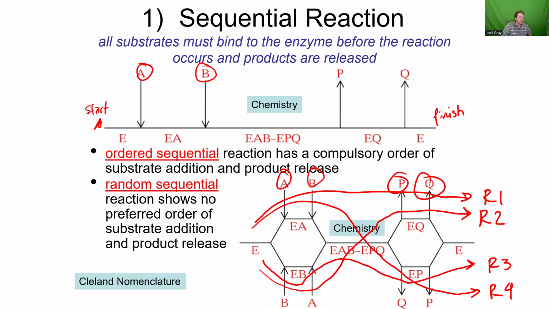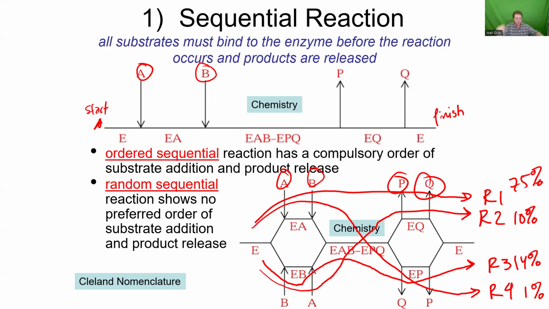It might be 75% of them might be this, 10% might be this, and then 14% might be this, and then 1% might be this. I'm sure that it varies from enzyme to enzyme. The important point about this, though, is that you distinguish between ordered sequential and random sequential.